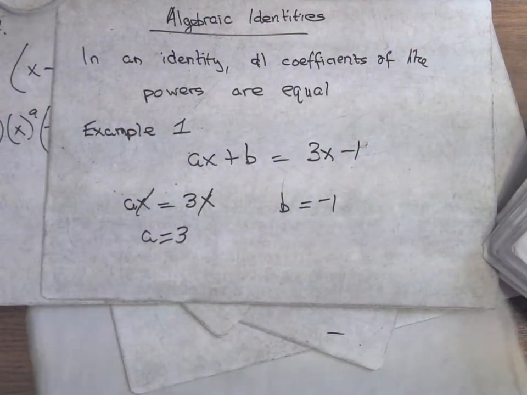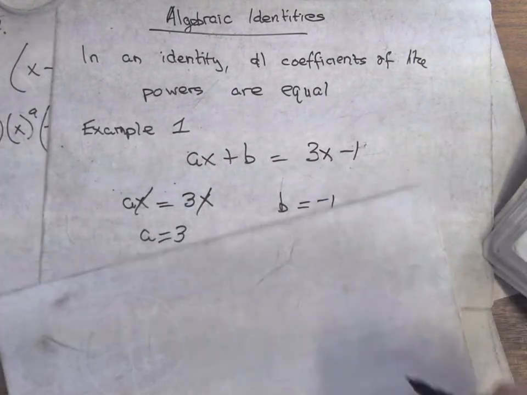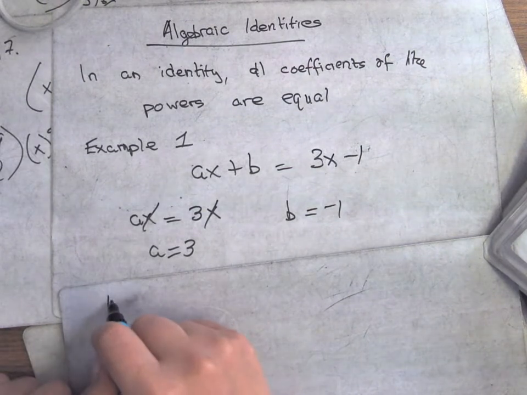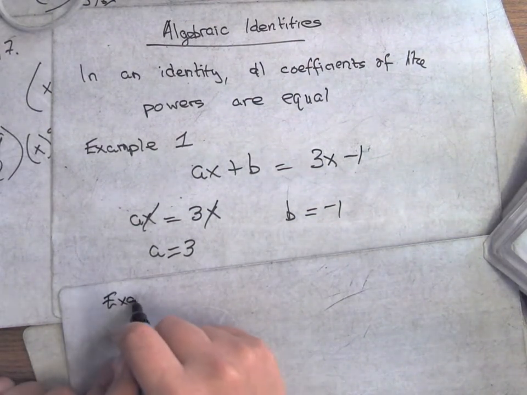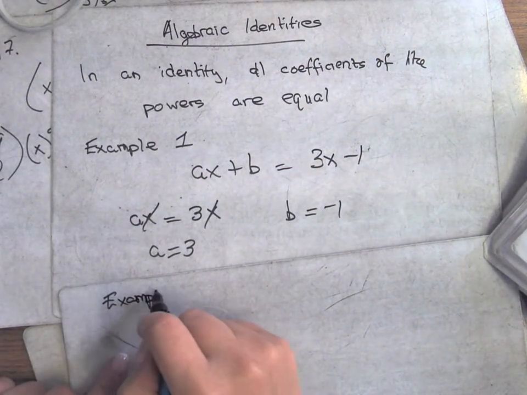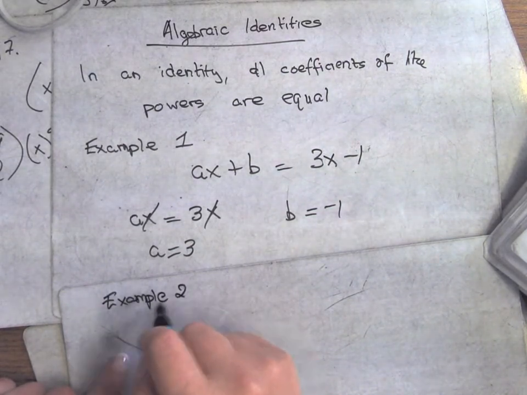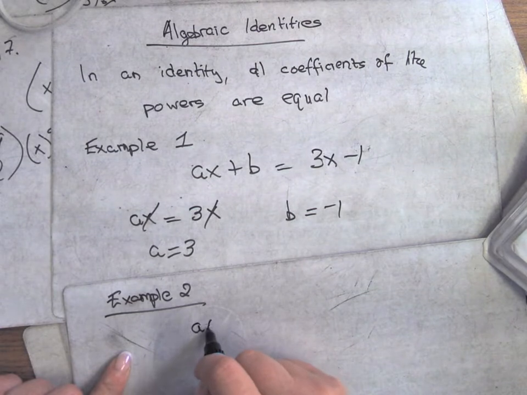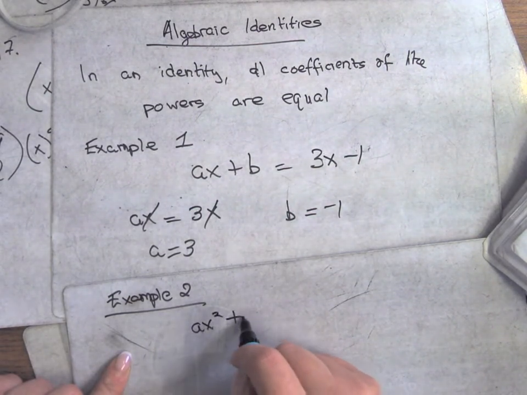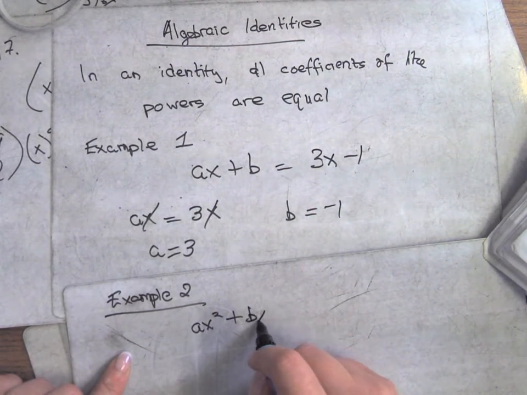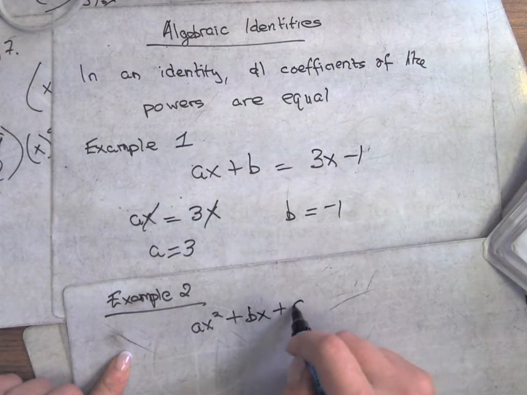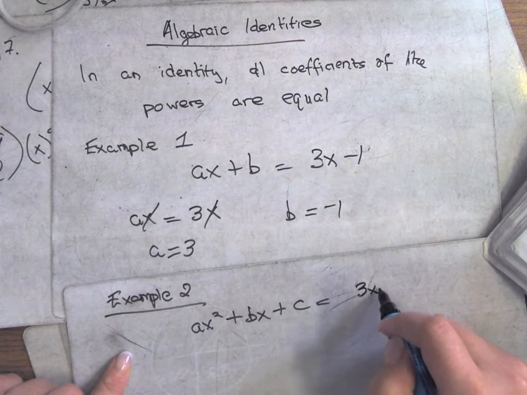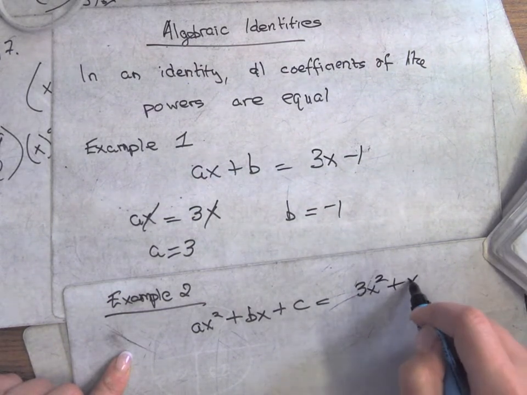Example 2. Now, they won't be as straightforward as this, as in you'll have to do a multiplying out first or a division first or something first before you can actually do it. But example 2, I'm starting easy. So if I said that ax squared plus bx plus c is equal to 3x squared plus x minus 4.